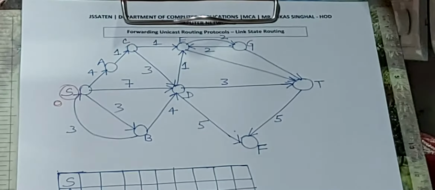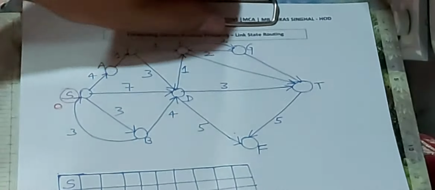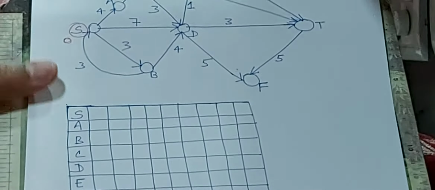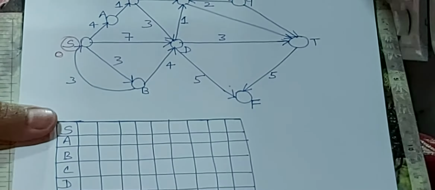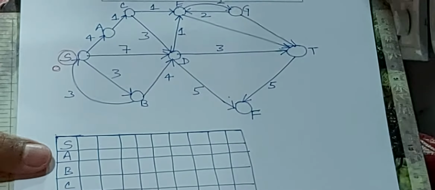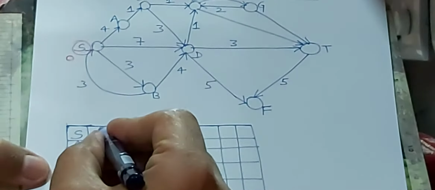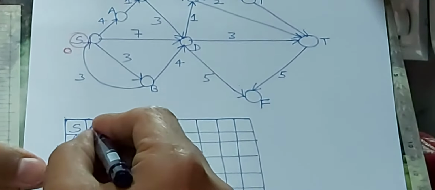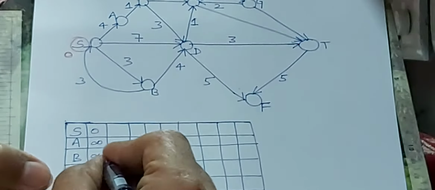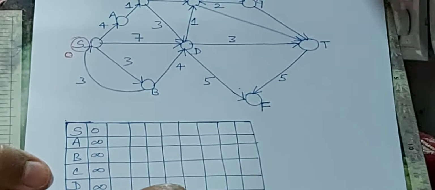So we will fill up the table accordingly. Initially the cost of S is 0 and all other nodes are infinite, because we don't know the cost of any other node.